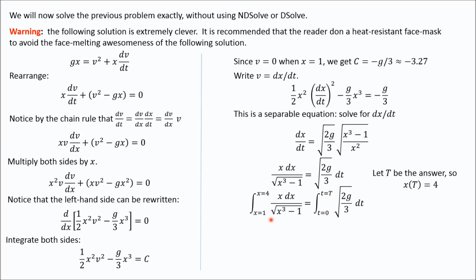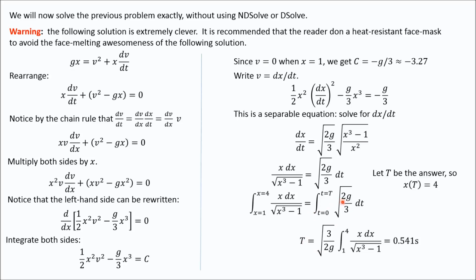So t was 0 when x is 1, and t is capital T when x is 4. So this is allowed. It follows from the chain rule, the U substitution formula for integrals. You can refer to a calculus textbook for the U substitution formula for definite integrals, and you'll see that this is allowed.